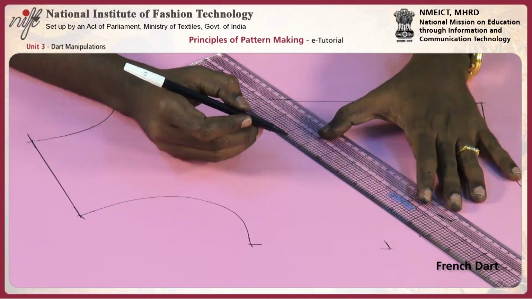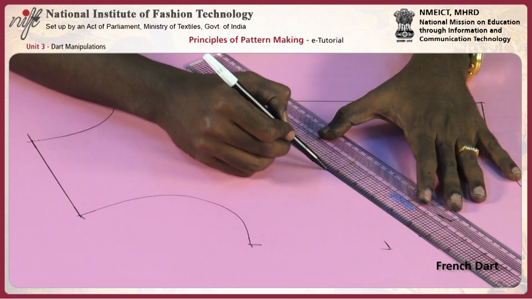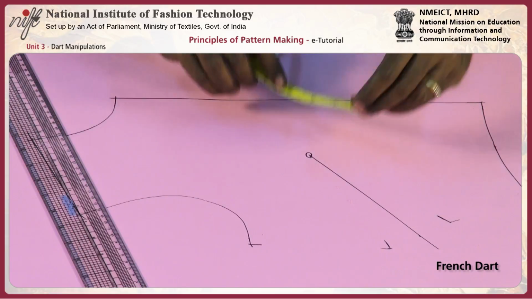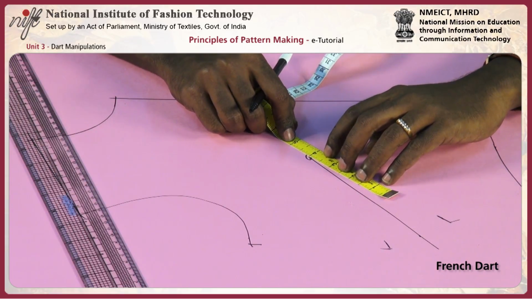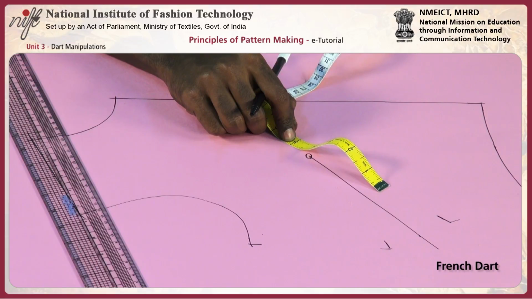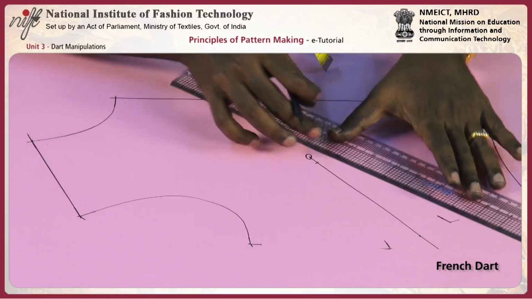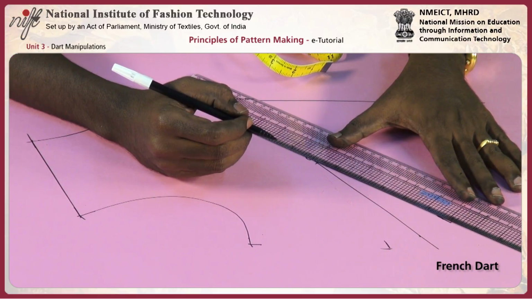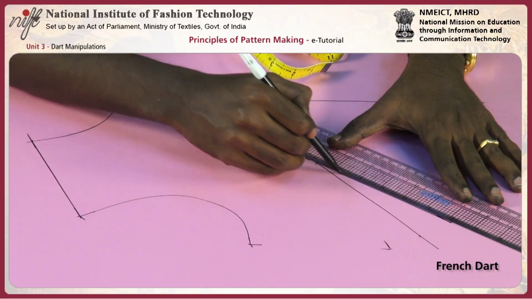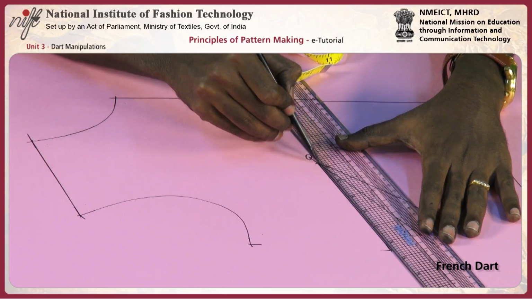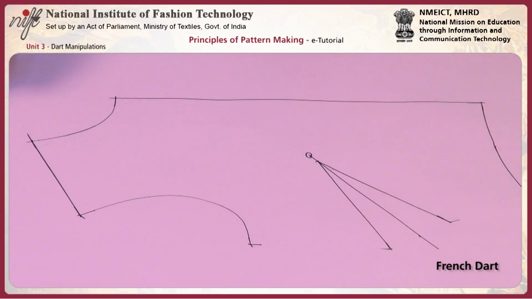Connect midpoint of the dart to the bust point. Mark half an inch inside. Draw the dart legs. Then cut the pattern.